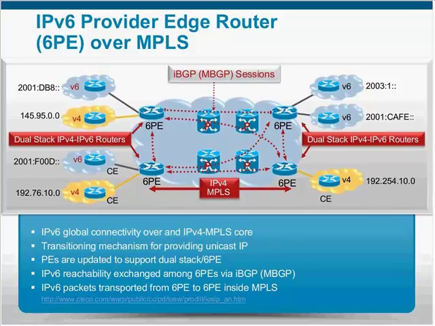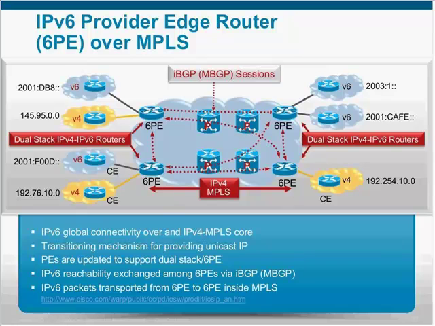Let's give an example now of how traffic would be forwarded from, let's say, the top left customer side to the top right v6 side. The traffic would first be forwarded natively from the customer side to the 6PE.